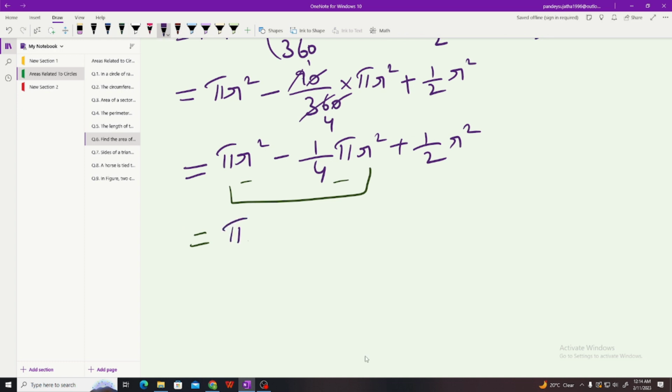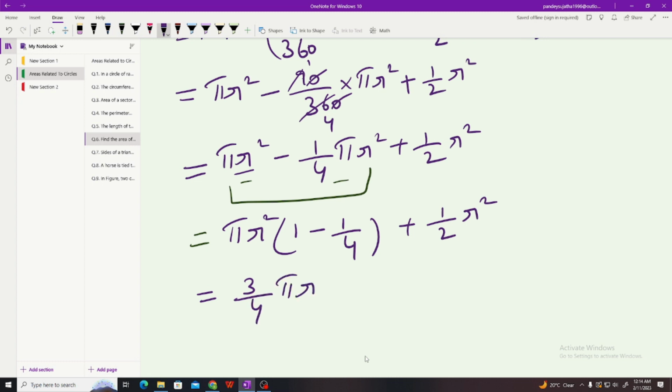So pi r square will come out, and here we are left with 1 minus 1 upon 4 plus half r square. So it is 3/4 of pi r square plus half r square.